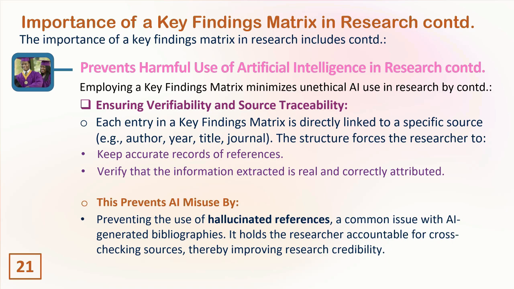This prevents AI misuse by preventing the use of hallucinated references, which is a common issue with AI-generated bibliographies. Hallucinated references are fabricated or inaccurate citations that appear to be real but do not correspond to any actual source. The key findings matrix holds the researcher accountable for cross-checking sources, thereby improving research credibility.